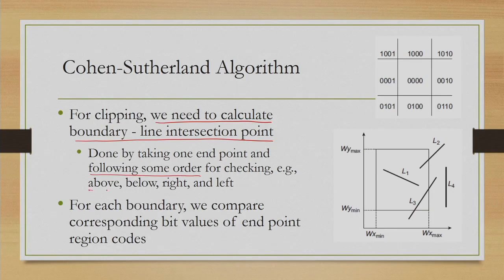For example, first above boundary, then below boundary, then right boundary, then left boundary, and so on. Any order is fine. And for each boundary, we compare the corresponding bit values of endpoint region codes to decide whether the line is crossing the boundary or not.